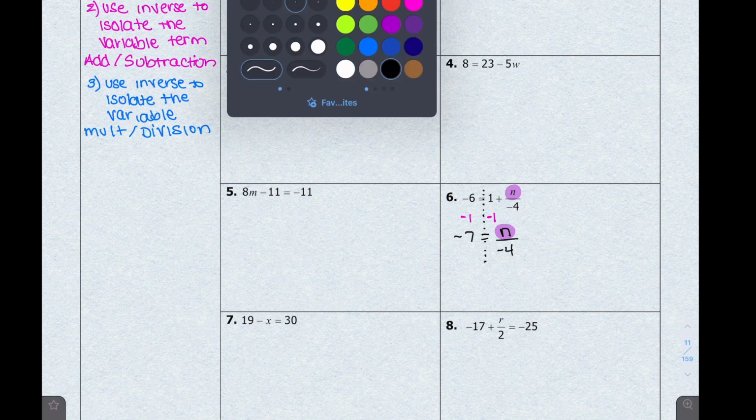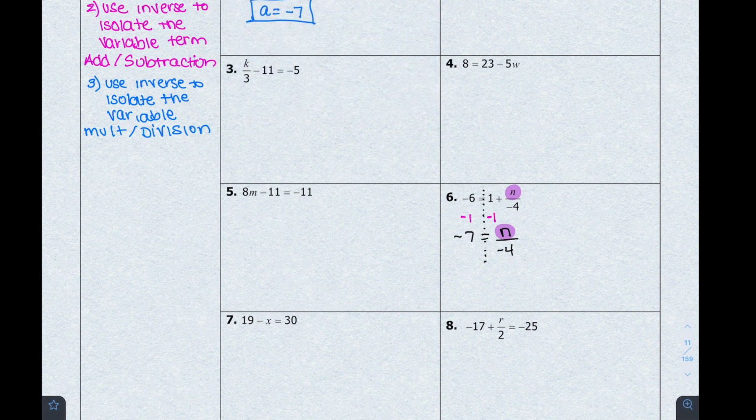So if I take a look here, what's happening between this n and this -4 is division. To undo division, I'm going to multiply. But I'm multiplying by a -4. Since what you're dividing by is negative, what you multiply must be negative.